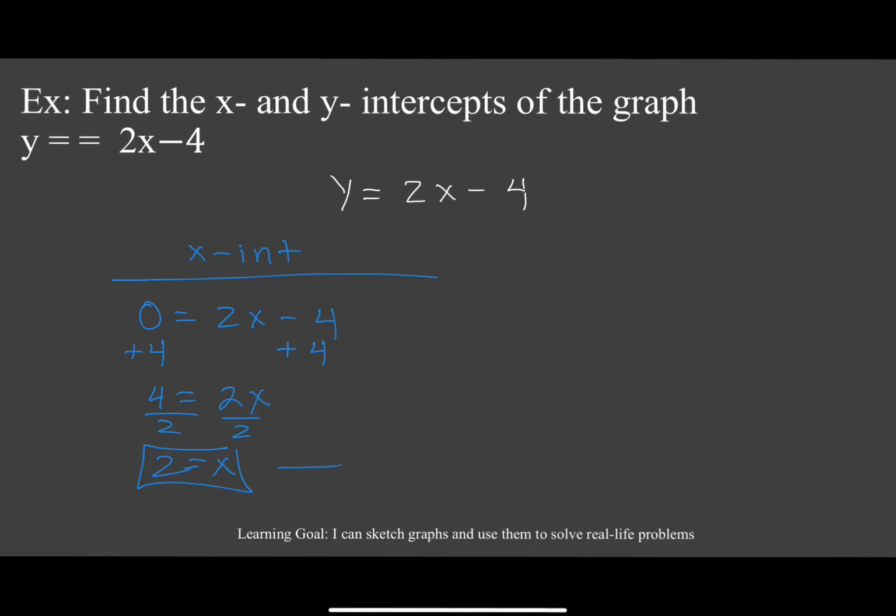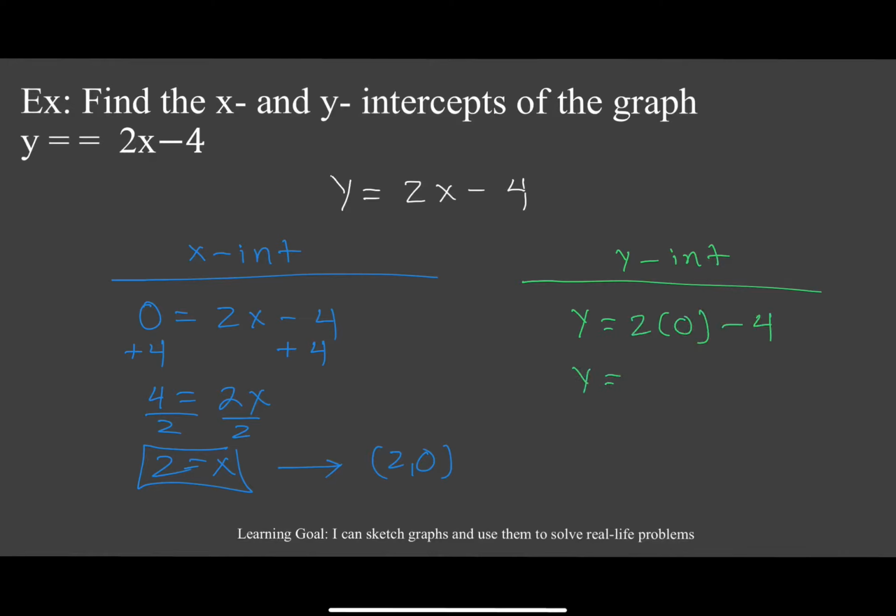And we can write this out as an ordered pair. So if we're crossing the axis when x is equal to 2, then we're talking about the ordered pair 2, 0. And we're going to follow a similar process when we're finding the y-intercept. The big difference is that when I'm looking for the y-intercept, I'm going to set the x value equal to 0. So I'm going to keep y the way it is, and we're going to have 2 times 0 minus 4.